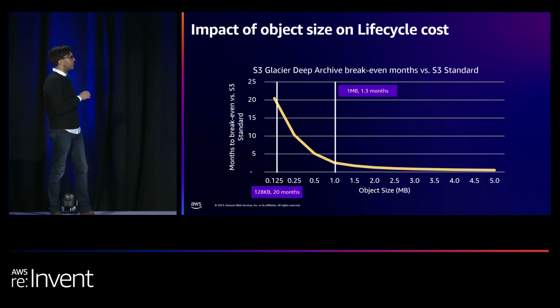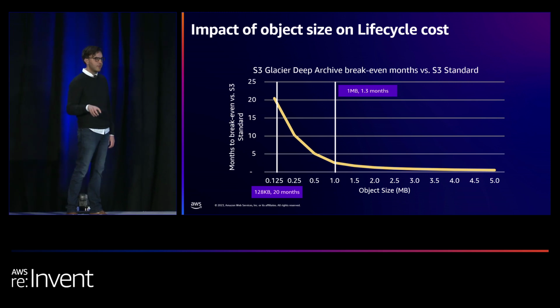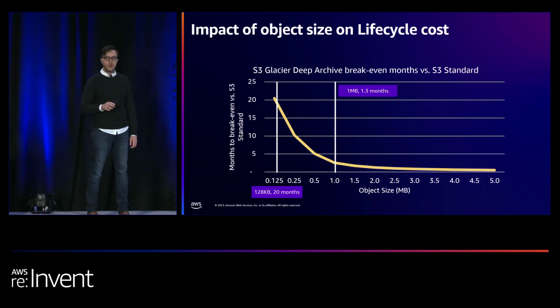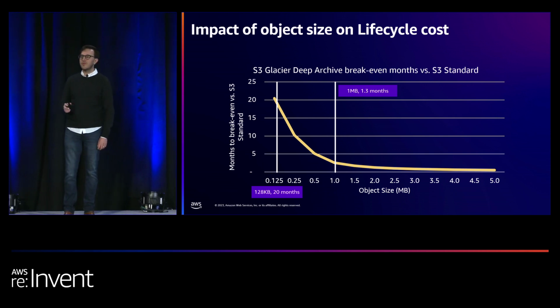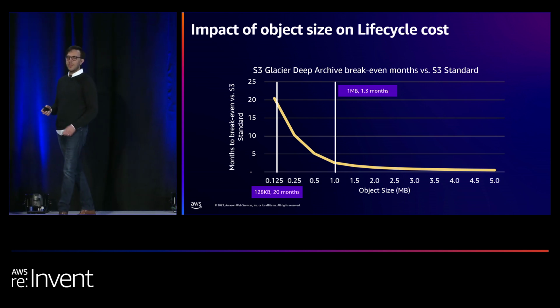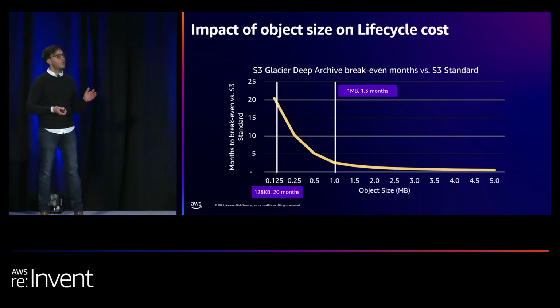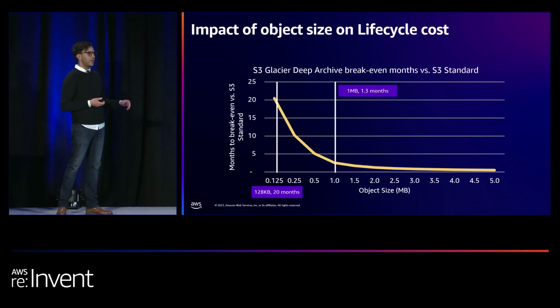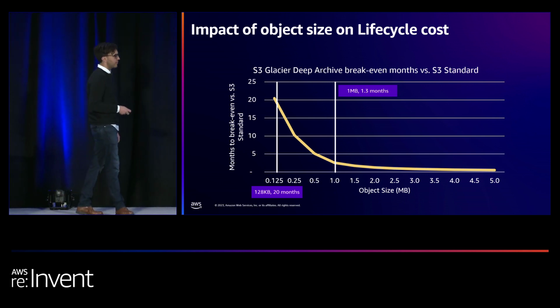This shows you that if you move data from S3 Standard to S3 Glacier Deep Archive, you should really consider whether you will store your data for at least 20 months if you have an object size that is smaller than 128 kilobytes. As your object size goes up, your break-even period shrinks. So at 1 megabyte, you're going to start saving within a couple of months.